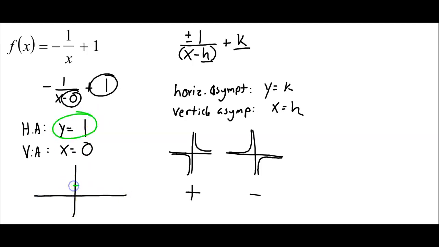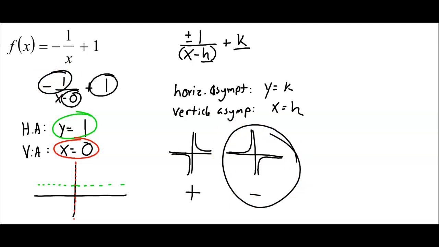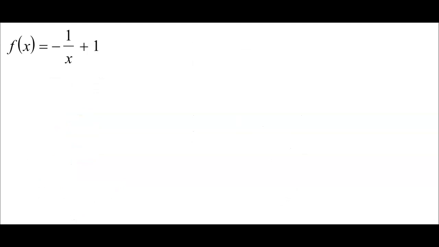Y equals 1 is a horizontal line. X equals 0 is a vertical line, and those are my asymptotes. Next, since we have a negative in the front, we'll be going with this shape, so the curves will be on the top left and bottom right, just like that.